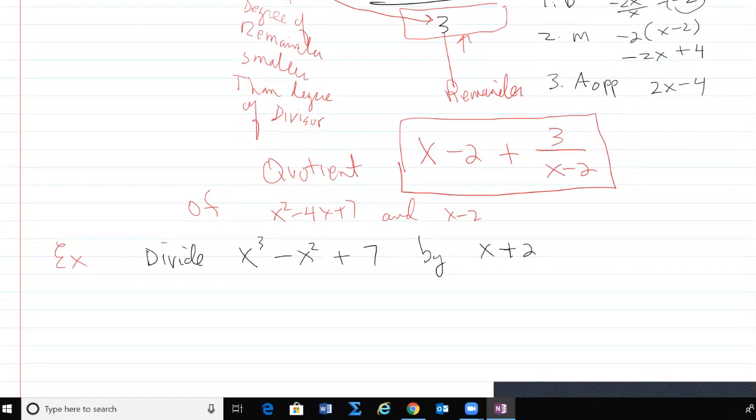Okay. So we set up x plus 2 like that. And that's an x to the third minus x squared. Now, I am going to deliberately skip over here and write plus 7. In other words, I'm skipping. I normally would see an x in here, right? In many other polynomials, you might.